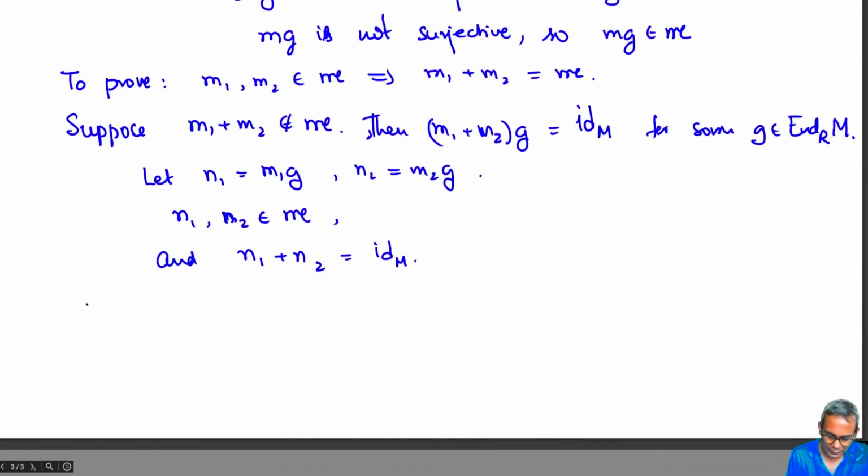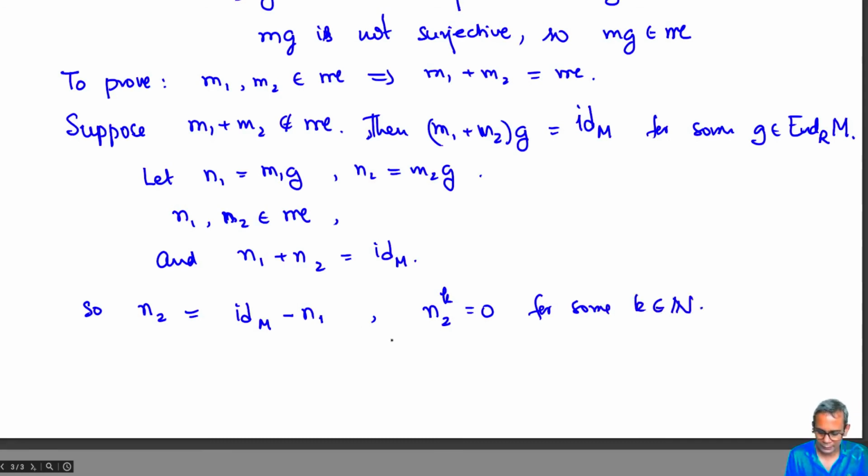So what we have is that n2 equals identity minus n1, and since n2 is in M, n2 is nilpotent, n2 to the power k equals 0 for some k. Okay, so let's say that this also holds.